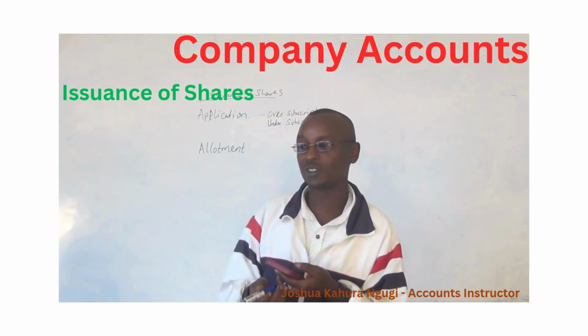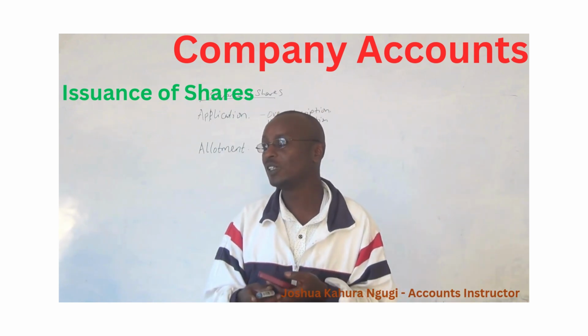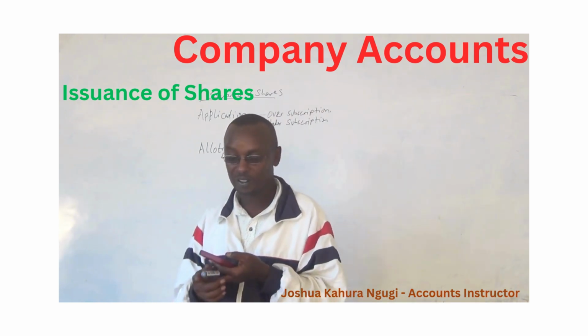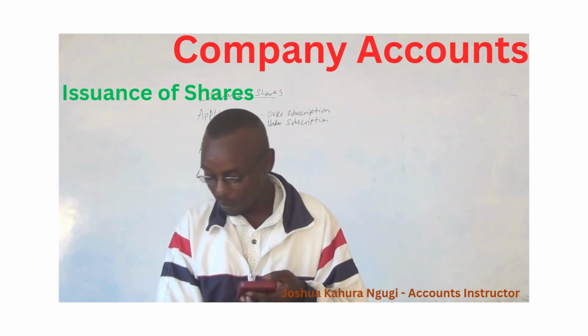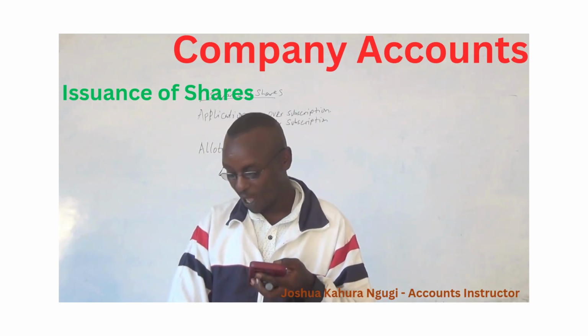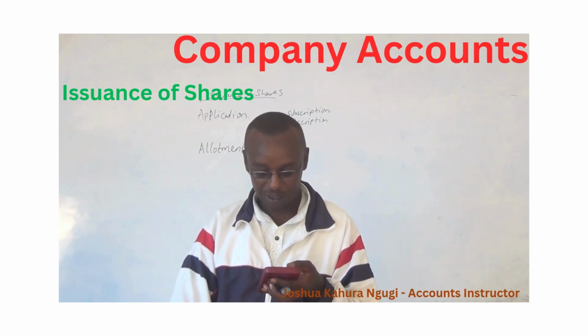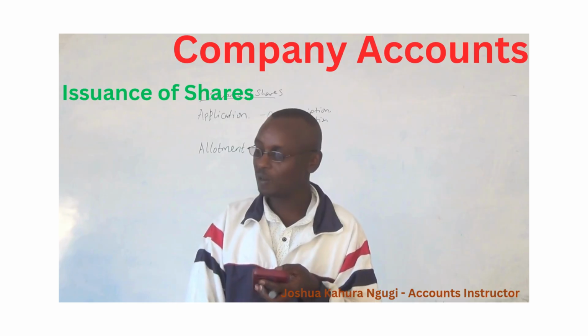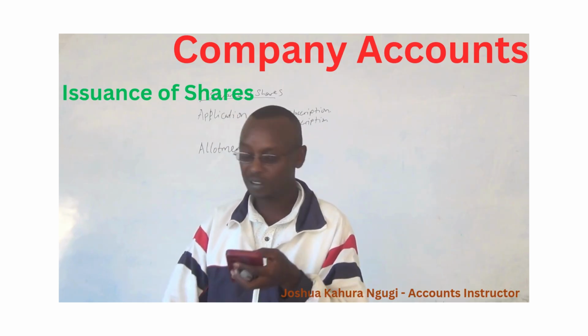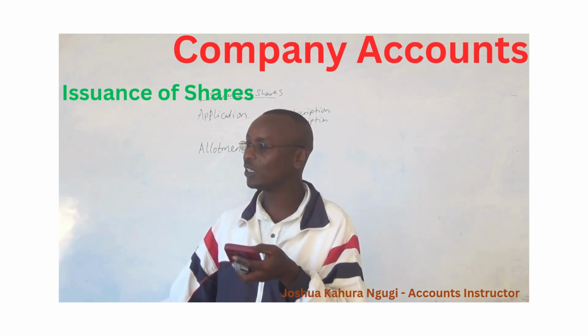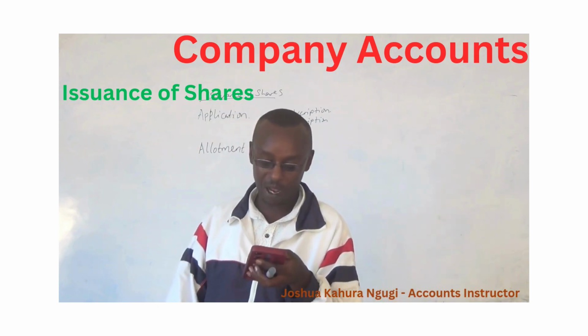Allotment is a process of checking the applicants, how they have applied. So you look how many shares somebody has applied for, and how many shares should be allotted.